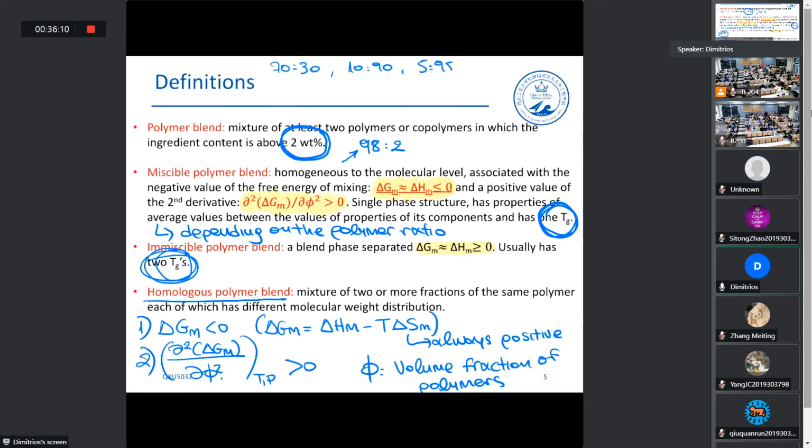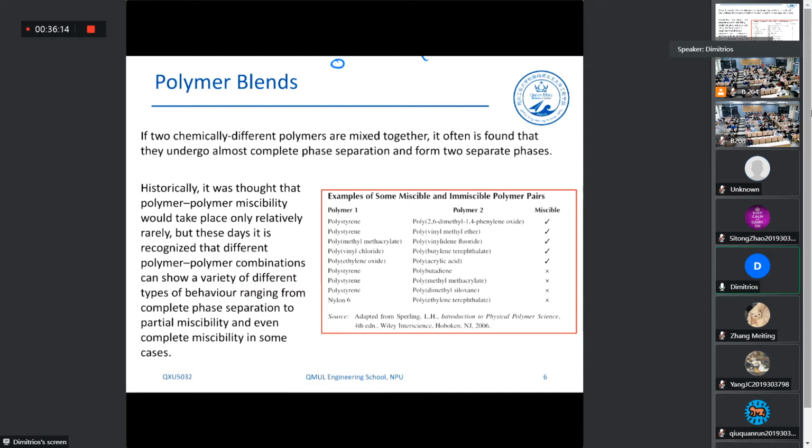Yes, I said that phi is the volume fraction of the polymers, but the volume fraction, you may see it again with this form, F or VF, okay? So all these, if you see this, these are volume fractions. And generally, if we have two polymers, 1 and 2, Phi1 plus Phi2 equals 1, okay?